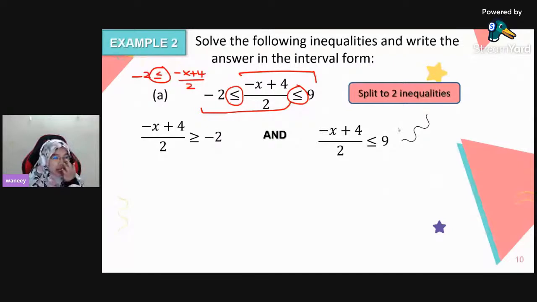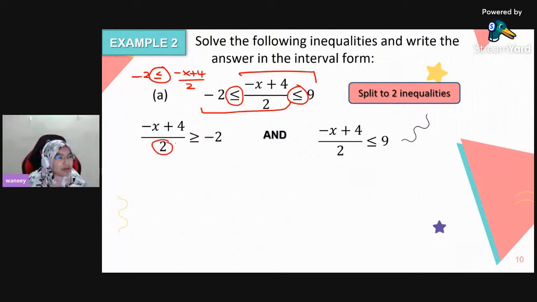Now we are going to focus on the left hand side and try to solve it and find out what is x. What is the region for x? Negative x plus 4 over 2 greater than or equal to negative 2. Firstly, I want to make x the subject.